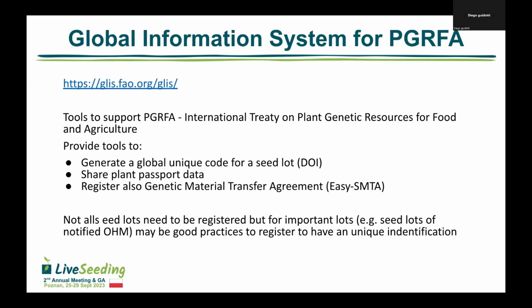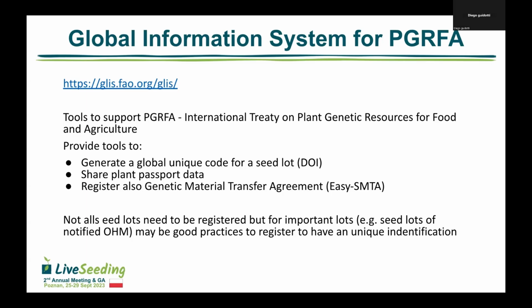And then, at last, there is already a set of tools developed by FAO to manage information about genetic material exchange. When you have a seed lot, you can register a unique code for that seed lot. It is called a DOI, Digital Object Identifier. It is a very easy tool to use. We are testing some interaction with them.